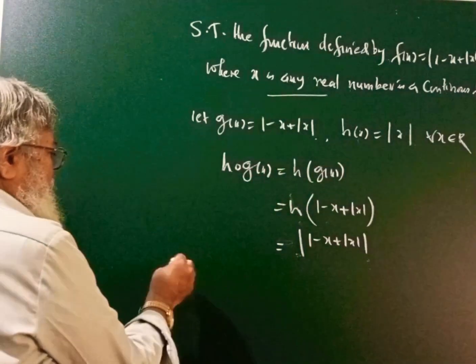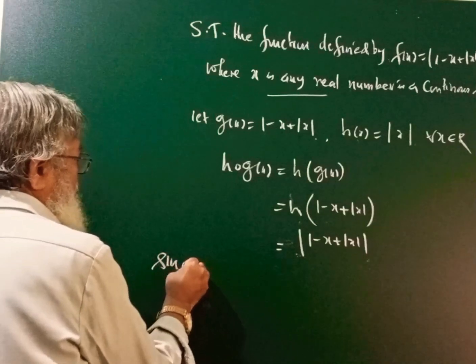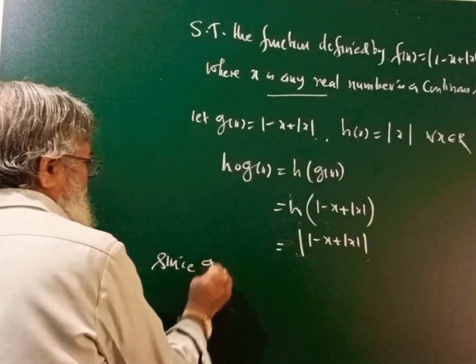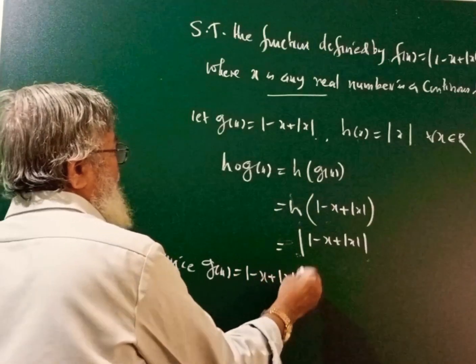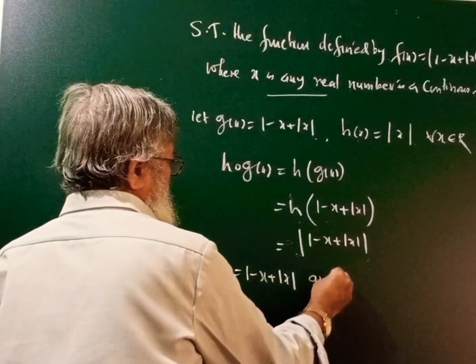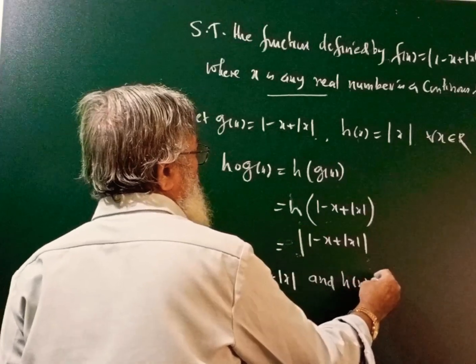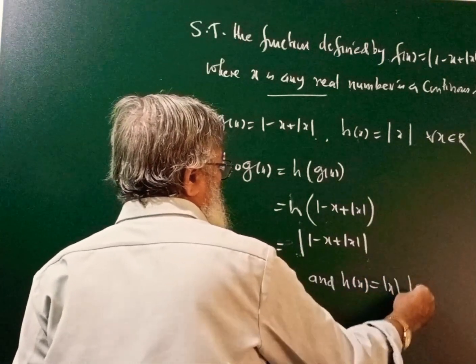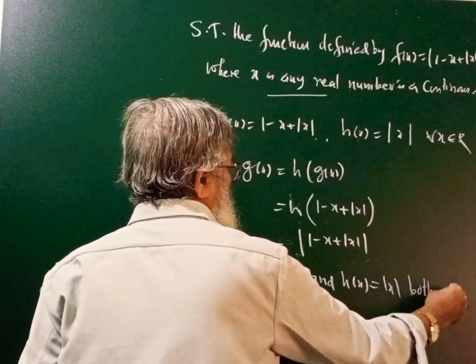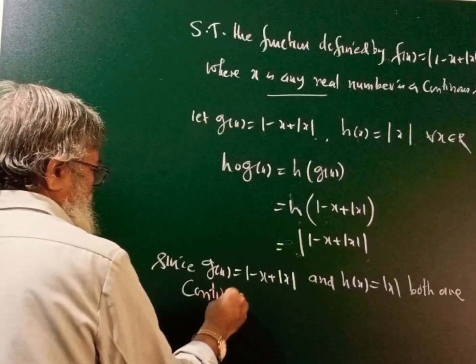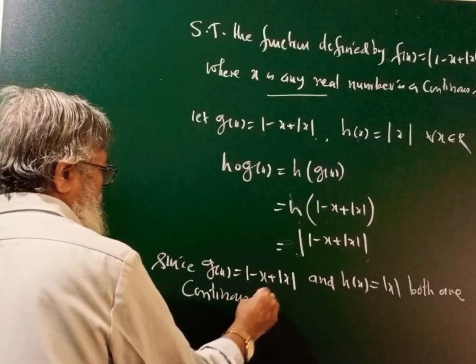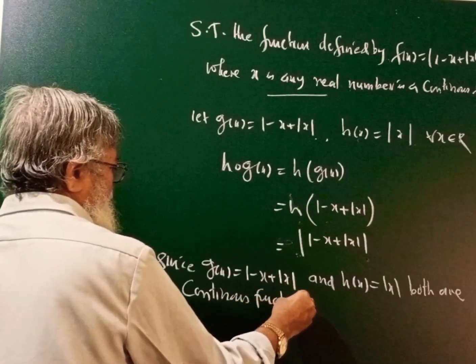So therefore we write, since g(x) is equal to 1 minus x plus mod x and h(x) is equal to mod x, both are continuous functions.